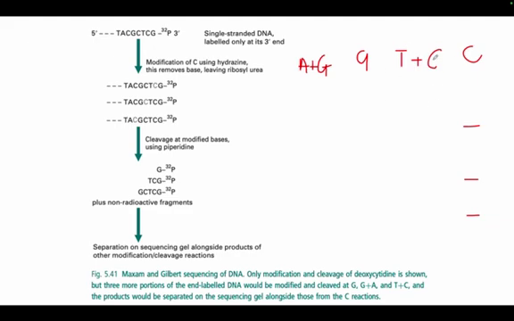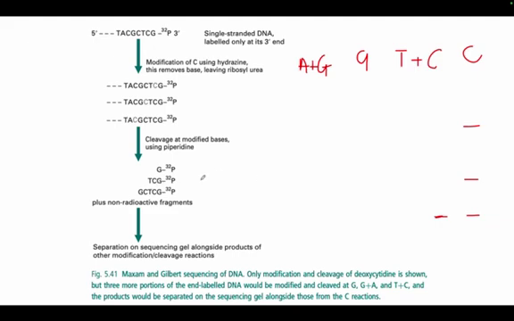Now in the T plus C reaction, we're going to get bands corresponding to both of these pyrimidine nucleotides. So in the T plus C reaction, we will get this band over here. You'll notice there's a thymine over here, right before the cytosine.